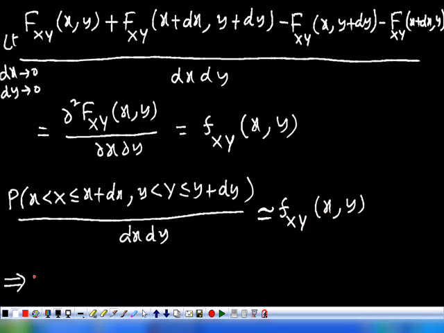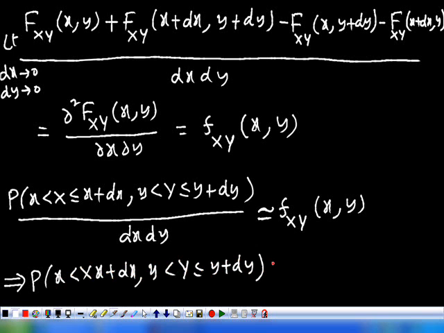Then we can write the probability of the random variable x between x and x plus dx, y between y and y plus dy, is approximately equivalent to fxy of x comma y dx dy. Is it right?